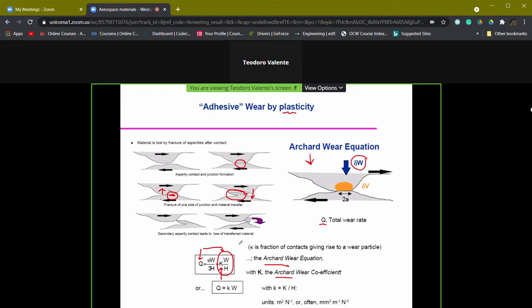And so one guideline which comes out by looking at this equation is that we can contrast adhesive wear by increasing the hardness of the surfaces.